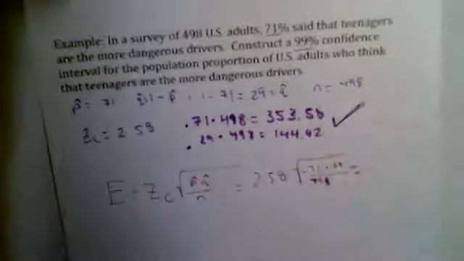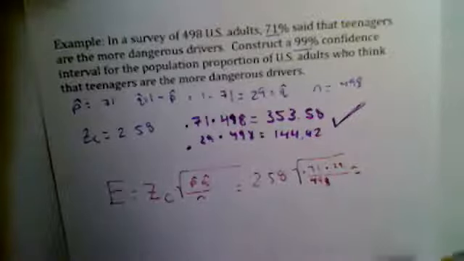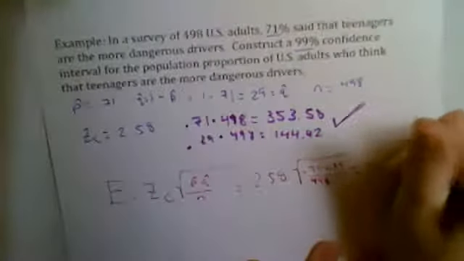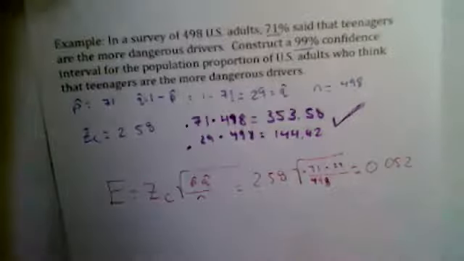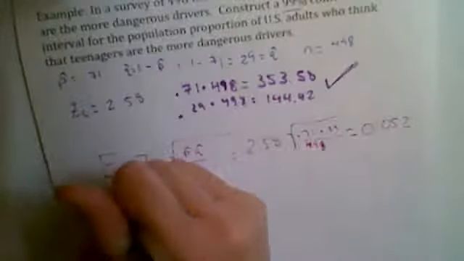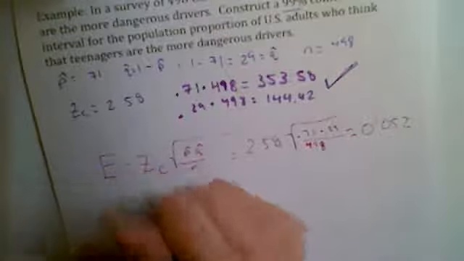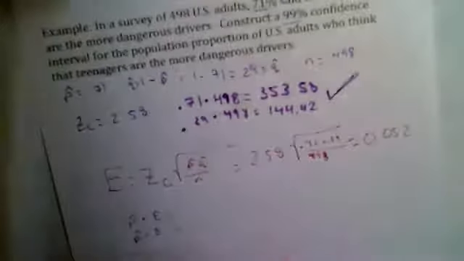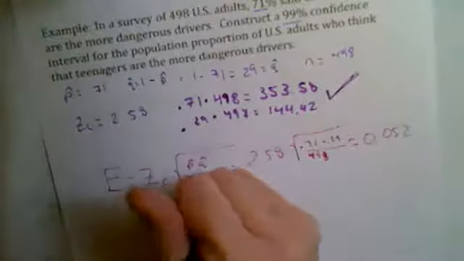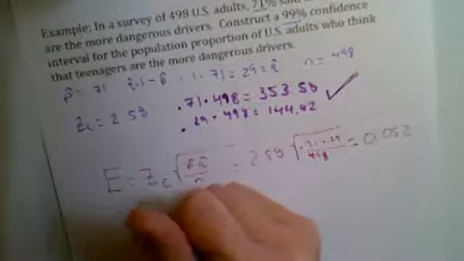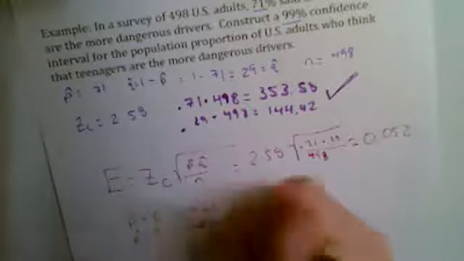All right, that is going to give me about 0.052. Okay, so next step, p hat plus that and p hat minus that. So plus we're gonna get 0.762, minus we're gonna get 0.658.